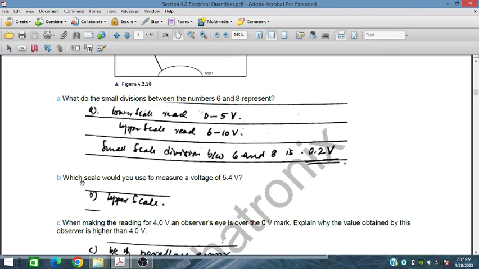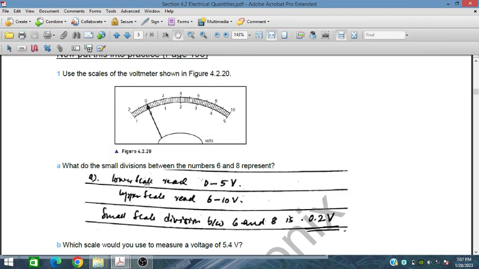Which scale would you use to measure 5.4 volts? The upper scale, because the lower scale only measures up to 5 volts. When we switch to the upper scale, it moves outward.